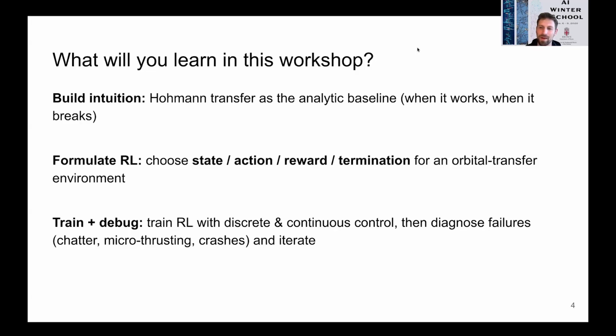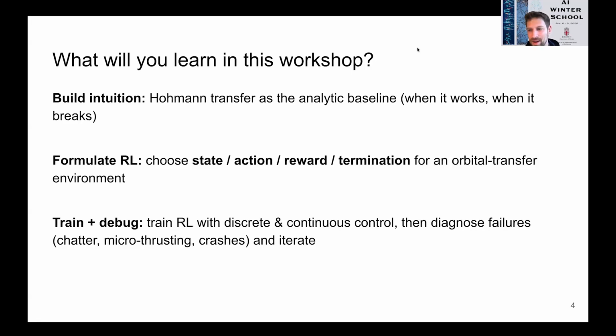Then we will formulate reinforcement learning to solve the same problem. Hohmann is an analytically solved problem, but we can use reinforcement learning to teach an agent to learn how to do something similar, and we'll see how close we get to the ideal solution.